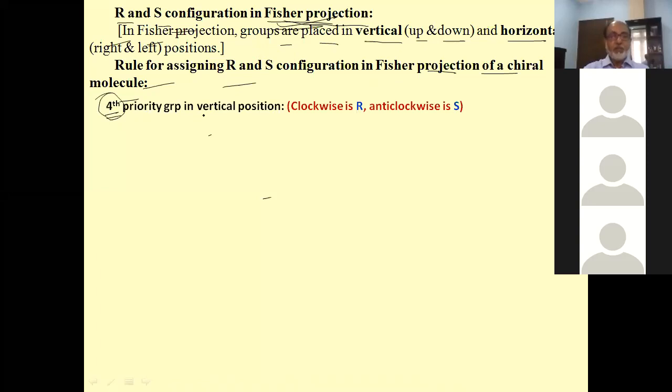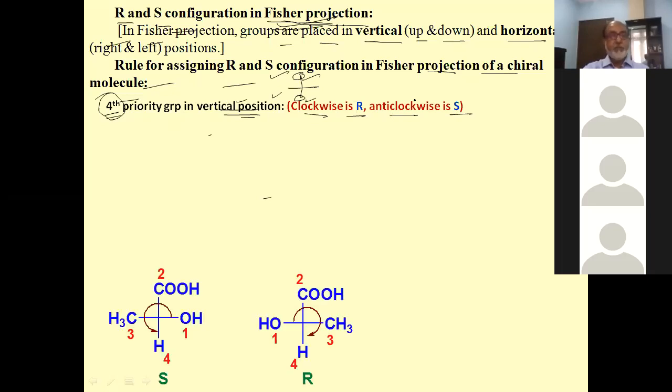If the fourth priority group is in the vertical position, that means either up or down, then it remains the same as what we have done. Clockwise of the other three groups, 1, 2, 3, is R. Anti-clockwise is S. So it is very simple here.